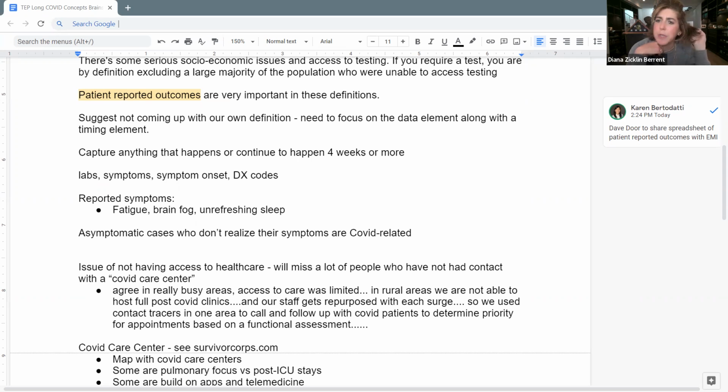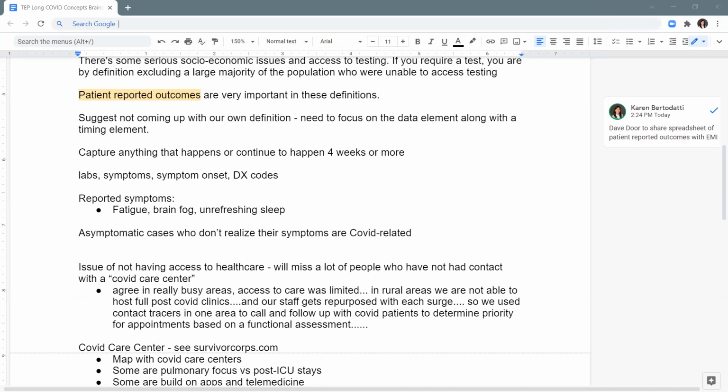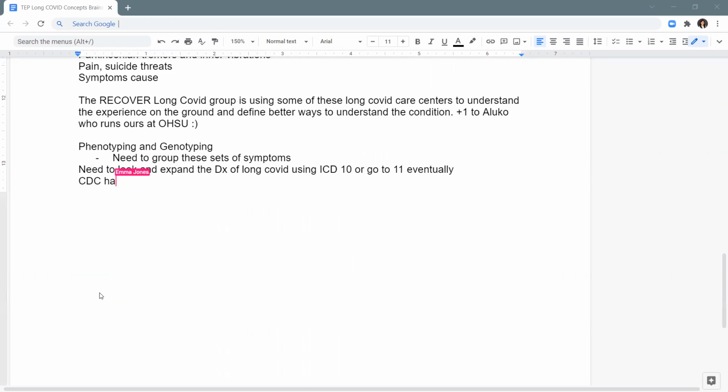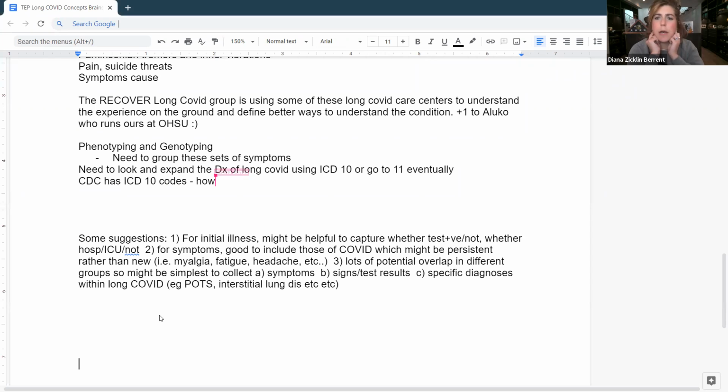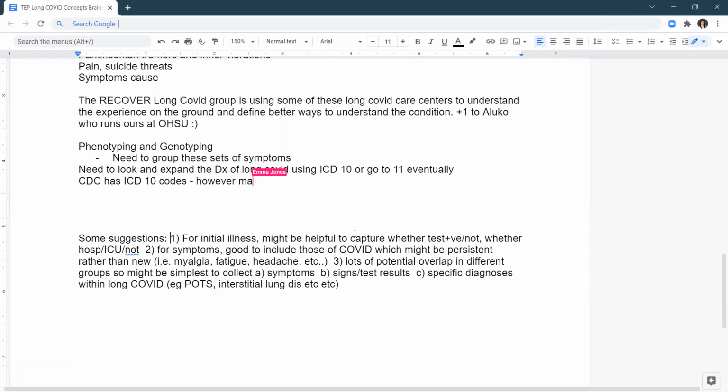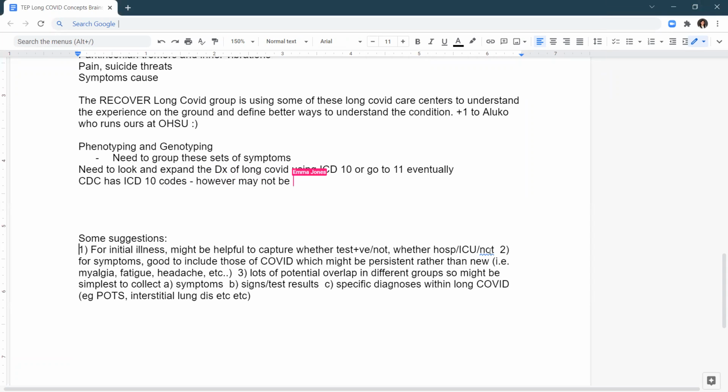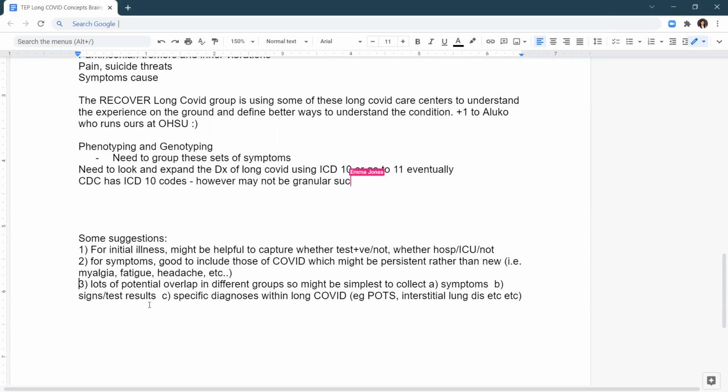We do have an ICD-10 code now for long COVID. Yeah, but it's not granular enough to capture some of these other conditions that are affected by the diagnosis of long COVID. Like what? What would not be included? Well, you just mentioned some of the neurological symptoms that might be a distinguished type of long COVID.